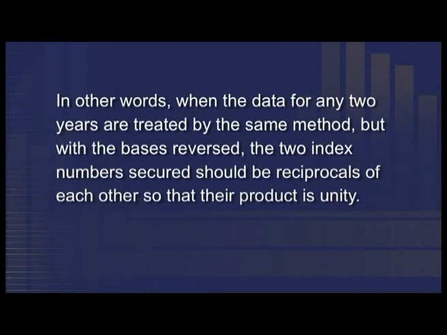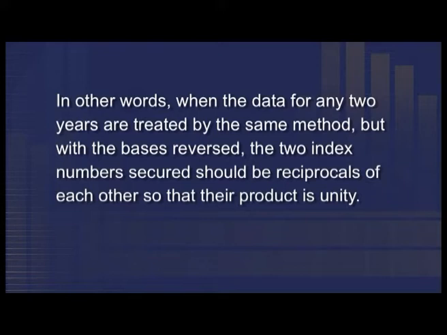In other words, when the data for any 2 years are treated by the same method but with the bases reversed, the two index numbers secured should be reciprocals of each other so that their product is unity.